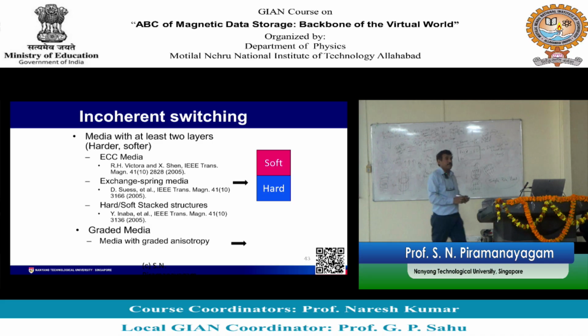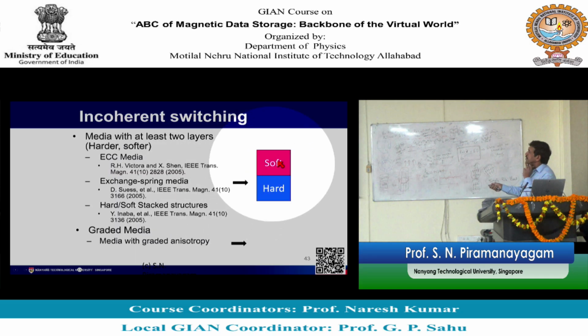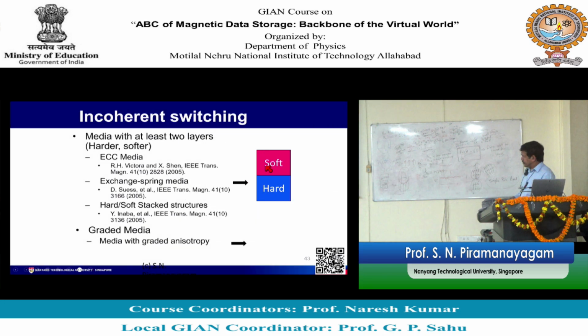Okay. So, this kind of structure is called exchange coupled composite media or exchange spring media. There are many names, there are many formations of this kind of structure, basically they all rely on using some structure like this. Okay. So, you can easily understand this one by some analogy that I am going to give.